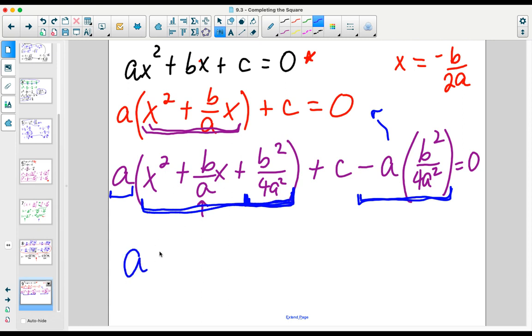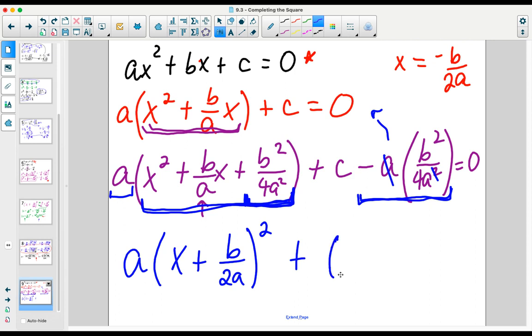So I can say a times x plus b over 2a, all of that squared, plus, and now for the purposes of this exercise, I'm going to just clean this up a little bit because there's no common denominators to have here, plus c minus b squared over 4a. All of that is equal to 0.